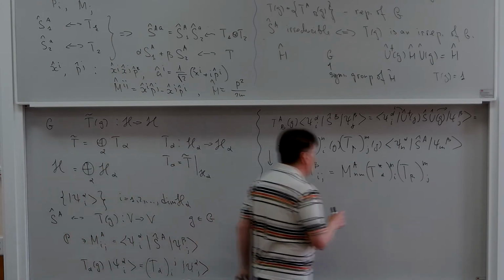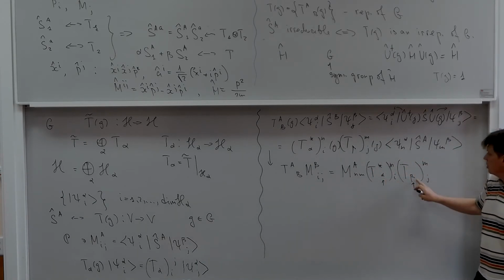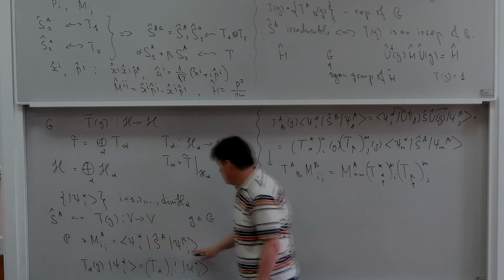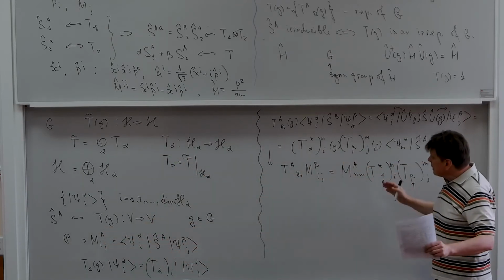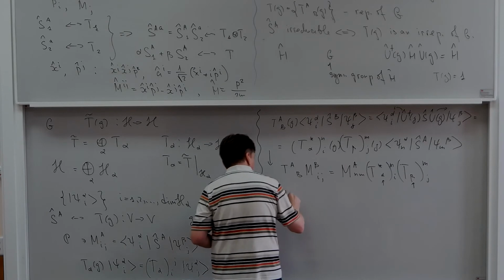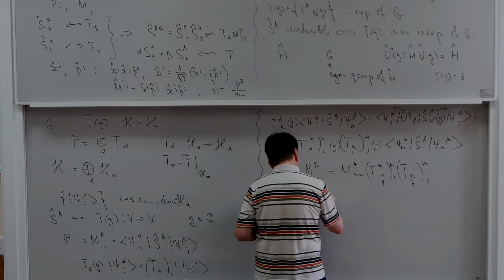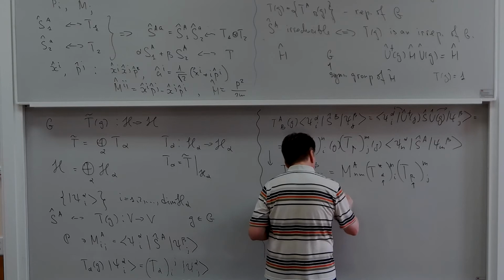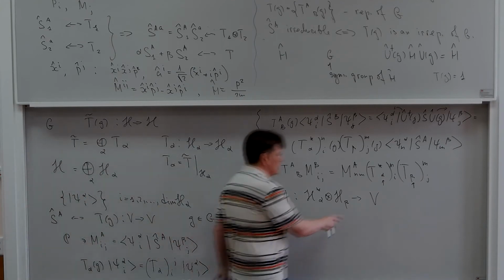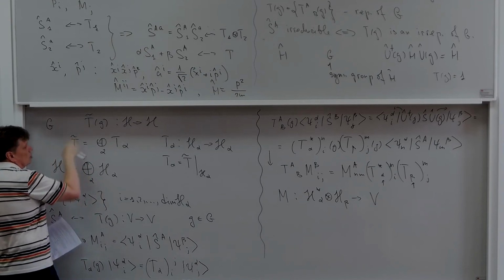As we see, for fixed alpha and beta, for fixed reducible representations alpha and beta, these matrix elements define a rectangular matrix of an operator which acts from the tensor product of spaces H alpha star and H beta to the space V, where the irreducible representation T tilde operates.